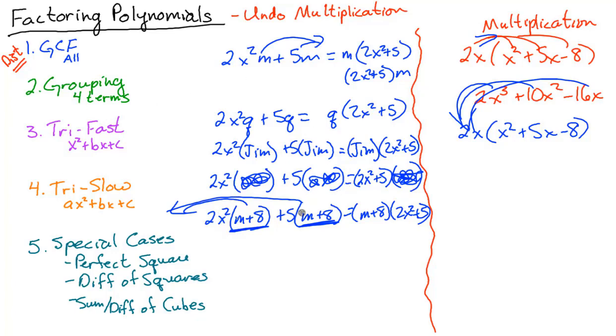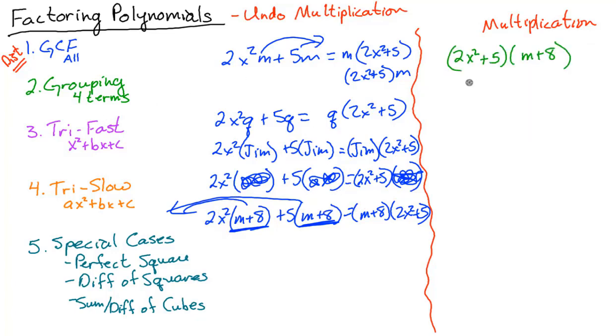We'll leave this guy up for just a moment. When we multiplied two binomials together, we would go like that, and we'd have 2x squared m, and then distribute again, plus 16x squared plus 5m plus 40. So the question becomes, how do we undo this? And that's what grouping is all about.